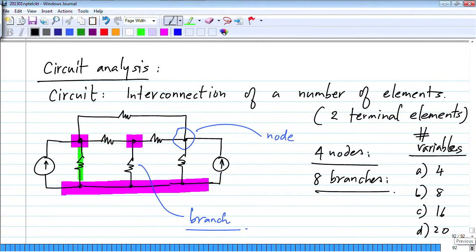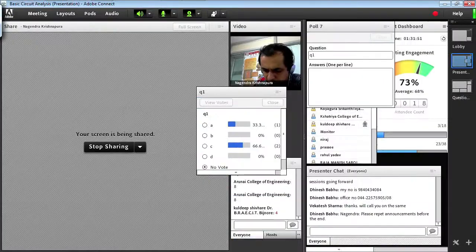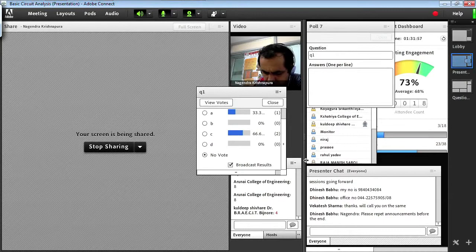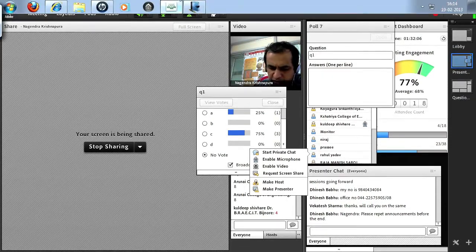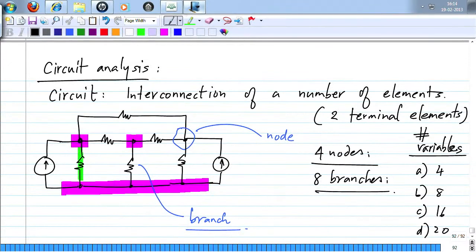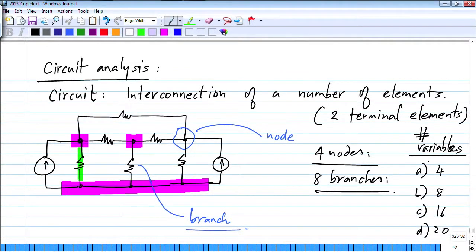Okay, now it appears that some of you have said 4 and some of you have said 16, and 16 is the correct answer, of course, because if you have 8 branches, each branch has a voltage and a current, and you have to find out all of it.